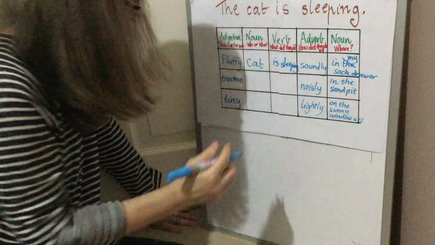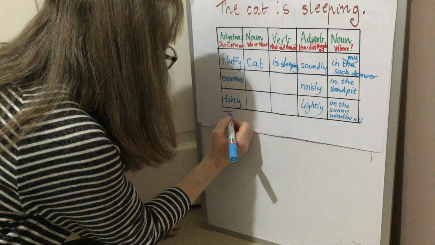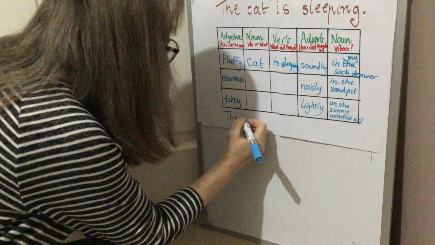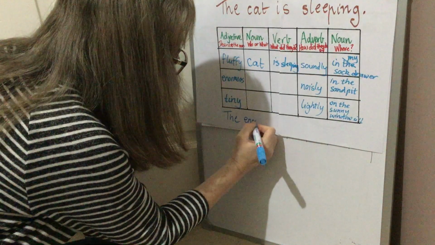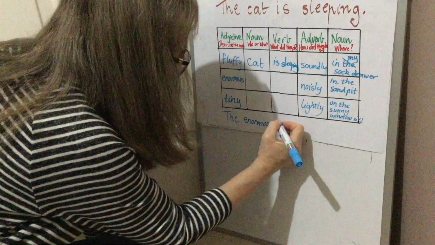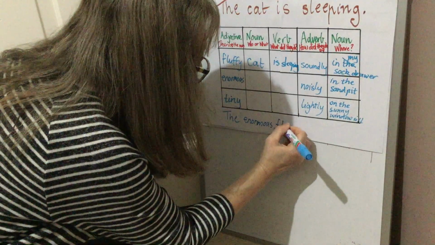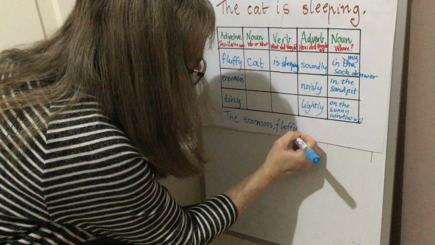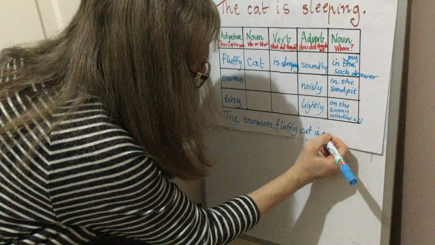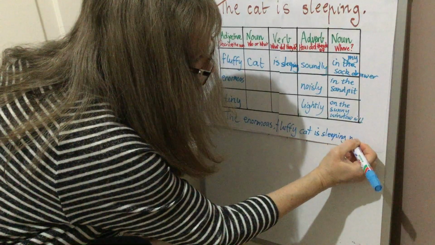So I'm going to write, and I'm going to add enormous and fluffy together. The enormous, and because I'm writing a list of 2 words, I'm putting a comma, a little breath between them. Fluffy cat is sleeping noisily.